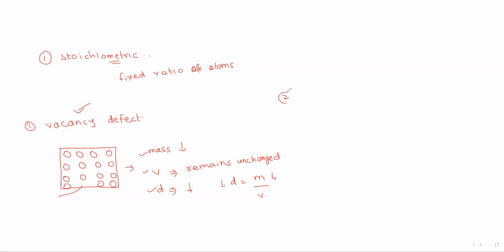The second type under stoichiometric defects is self-interstitial. Under self-interstitial, there are two cases. Case number one: again, I will draw a crystal structure for better understanding. These are the constituent particles. I have drawn an extra particle here.